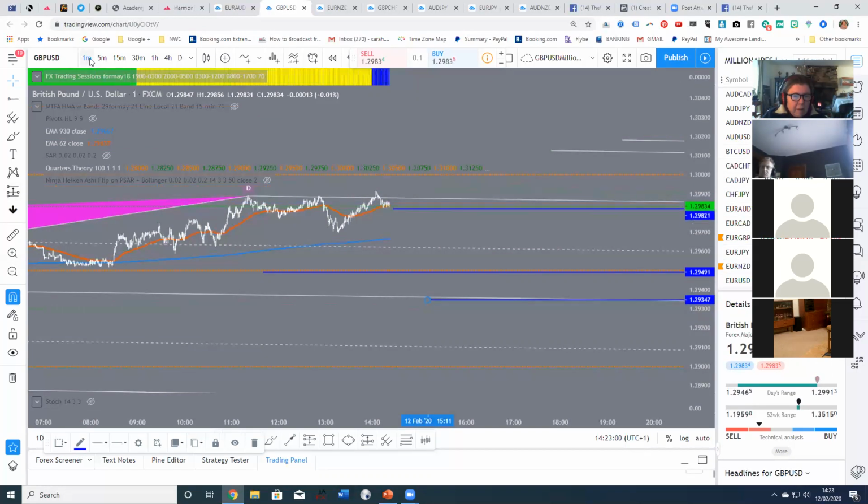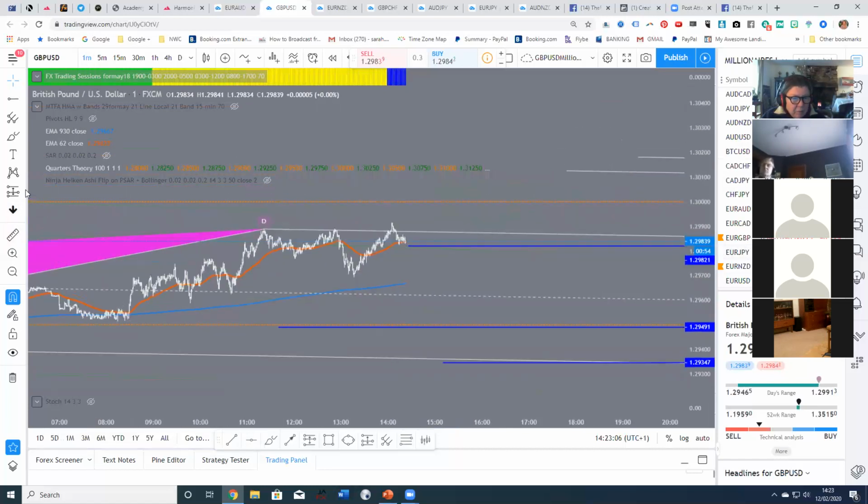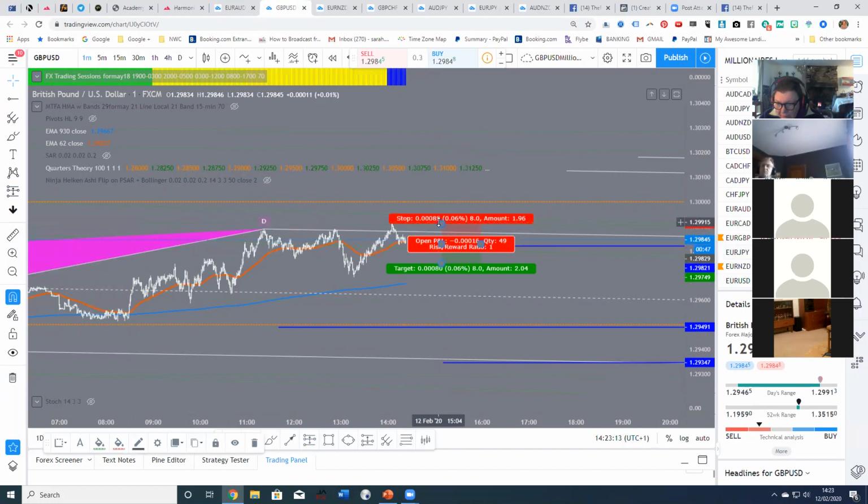And then for entry, I'm on the 1 minute. For entry, put the short position on about here. And you need to be looking at the time because we're at 20 past. So look at your 15-minute close of the candle, half-hour close.